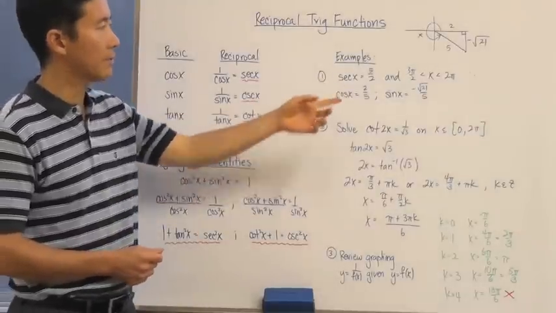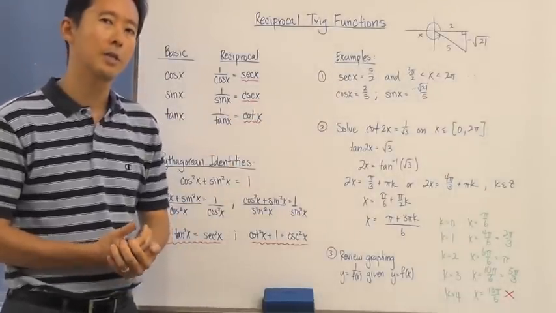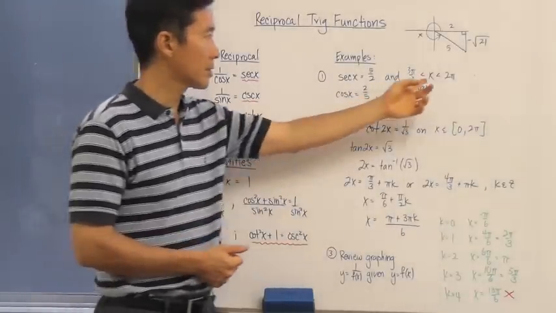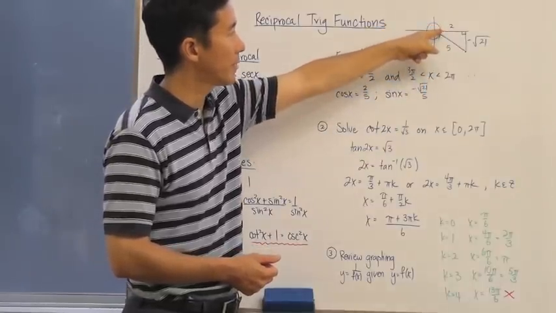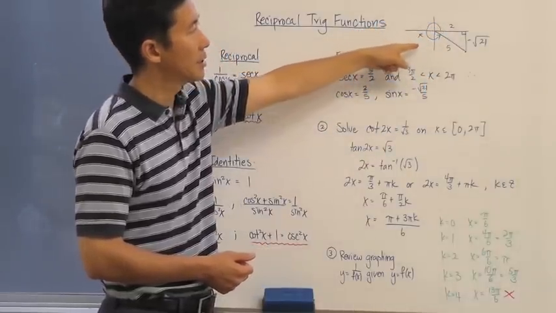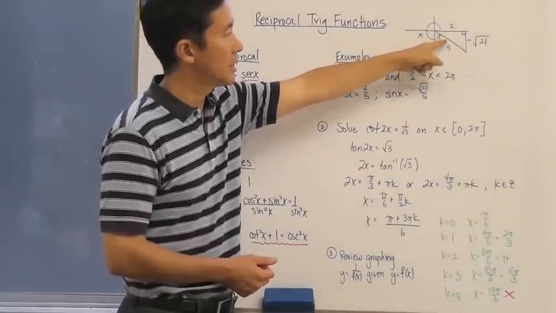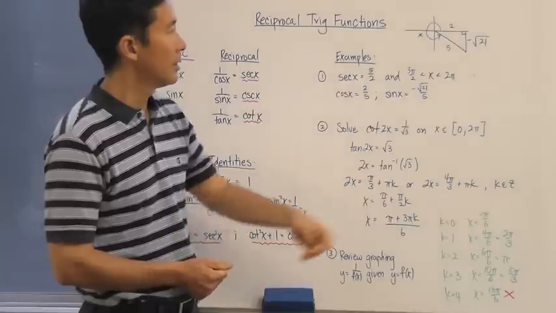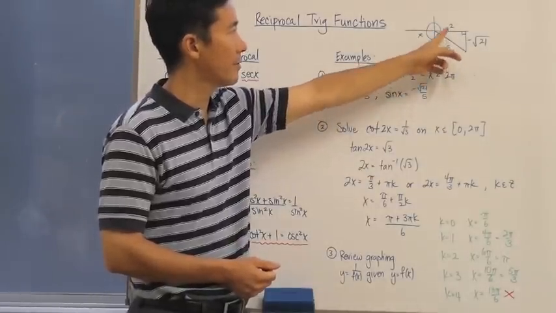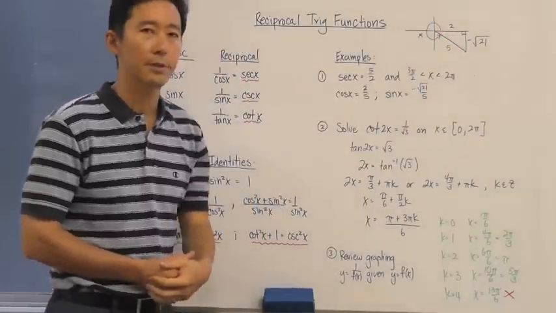We know that the secant of x is going to be the hypotenuse over the adjacent side. We also know that the angle is going to be in the 4th quadrant, so we start from the positive x-axis, go in a counterclockwise rotation to the hypotenuse here, and we know that the hypotenuse is going to be 5 and the adjacent side is going to be 2.